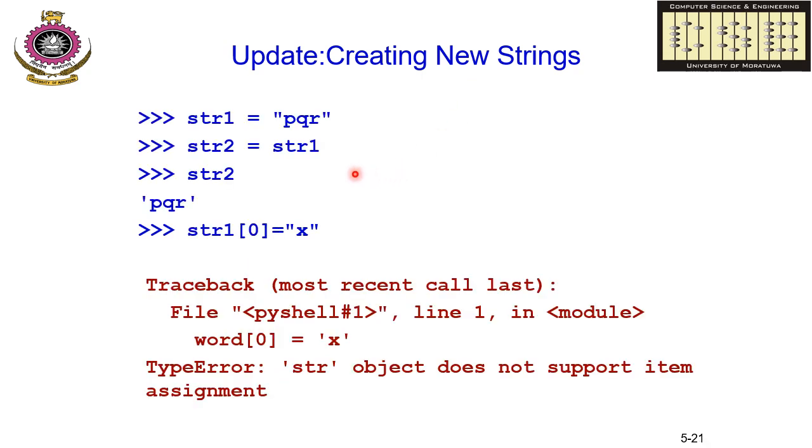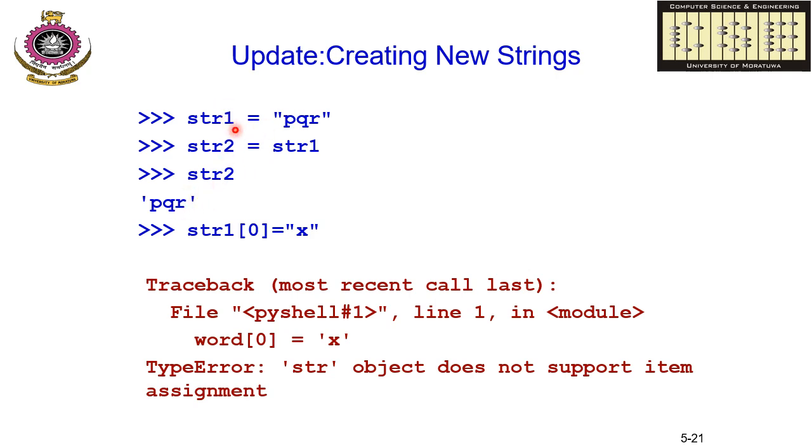Here is another example of an attempt to create a new string. In this example we have str1 as pqr, and we define another variable called str2 and assign the value of str1 to str2. So essentially str1 and str2 are referring to the same string. Even if you try to print str2, it will print pqr.